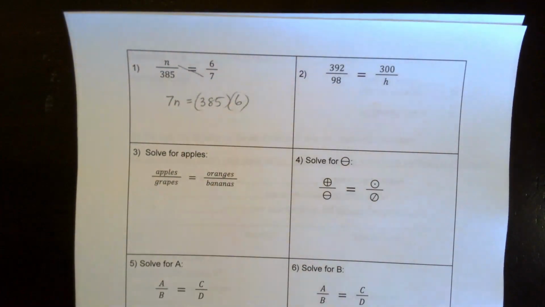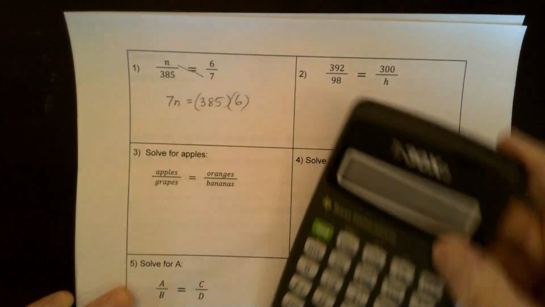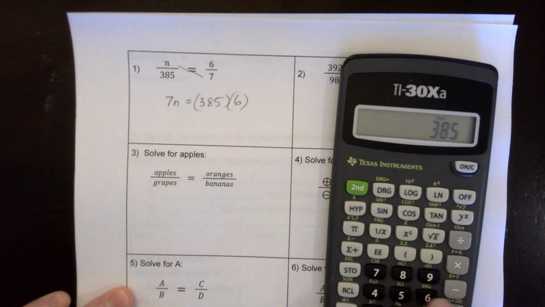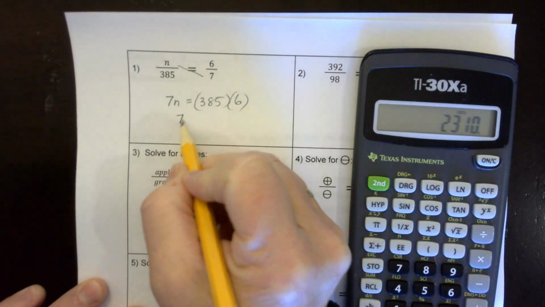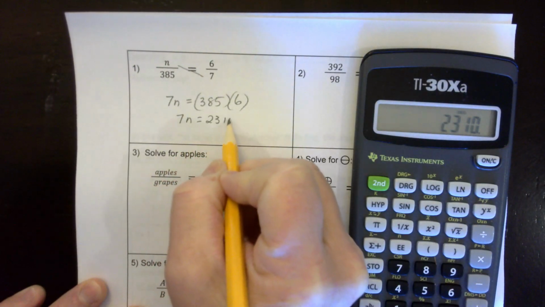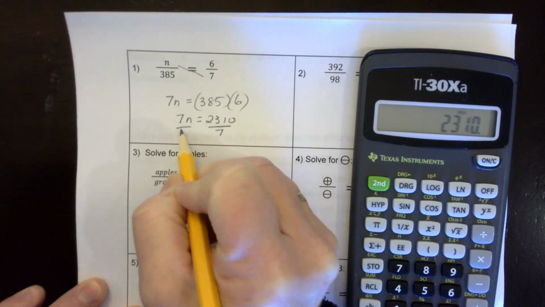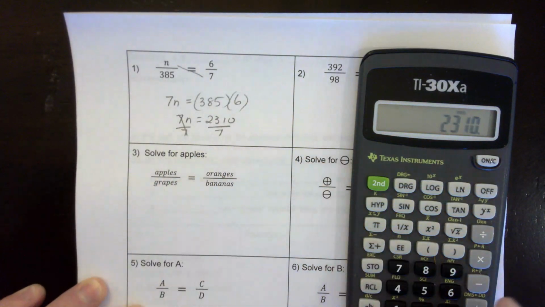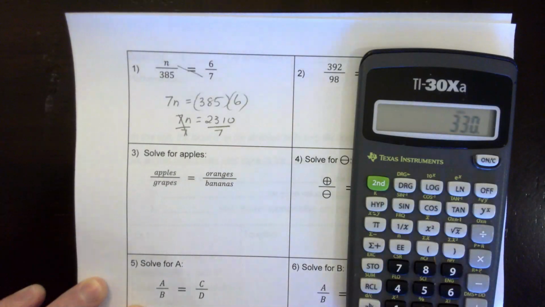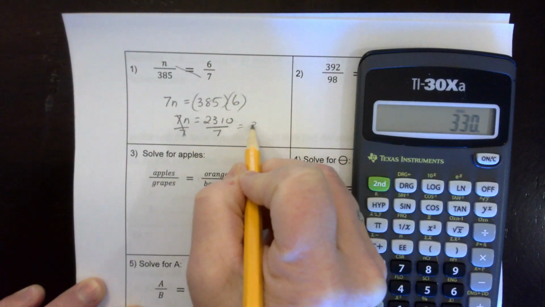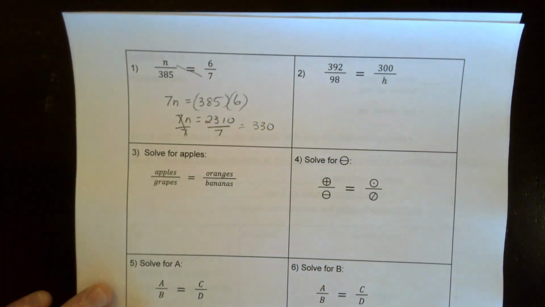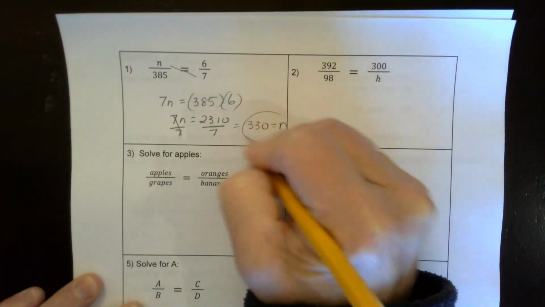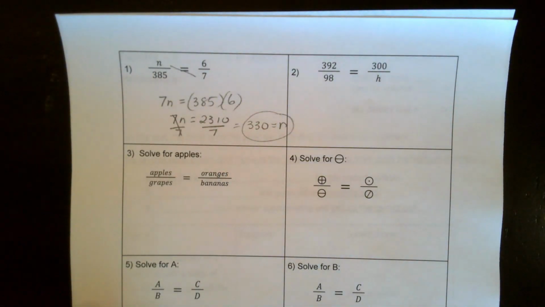In my calculator, 385 times 6 is 2310. So 7n equals 2310. Divide both sides by 7, and we're going to get n equals 330. I'm going to write this as equals n, just to satisfy that we got to a final answer.